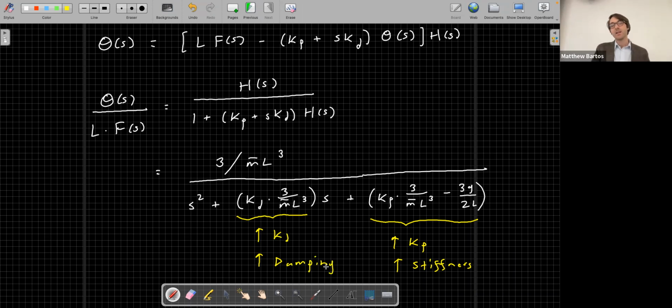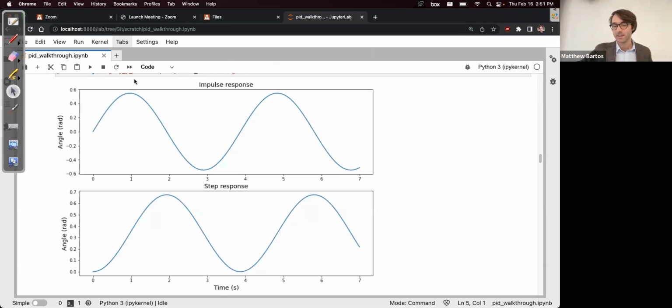If we increase this Kd coefficient sufficiently, we can cause those oscillations to die down to 0. Let's go ahead and simulate this as well.